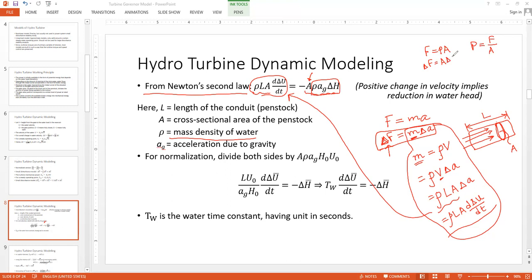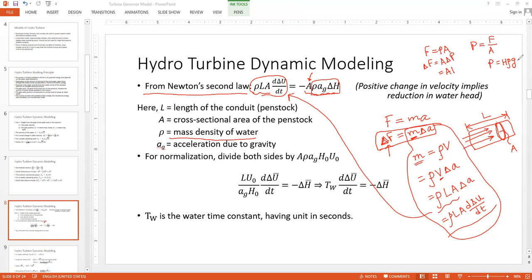The pressure is going to be changed. And then this can be written as, first let us write what is pressure: water height, density, gravity, H rho G.